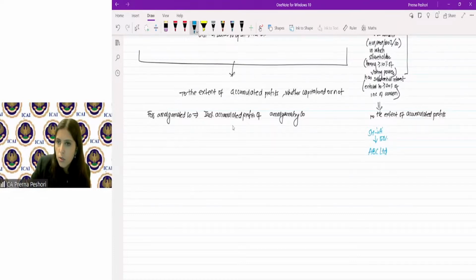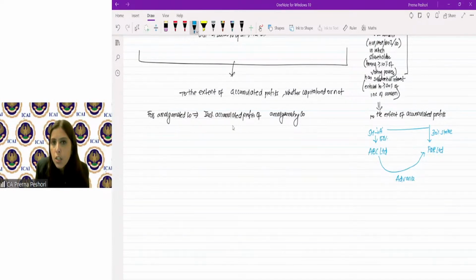Now, he is also holding a stake in, let's say, PQR Limited. Let's say here he has 30% stake. Now, ABC Limited gives an advance to PQR Limited. Now, this advance that ABC gives to PQR will be considered as deemed dividend for the shareholder. This will be deemed dividend. Are we clear?